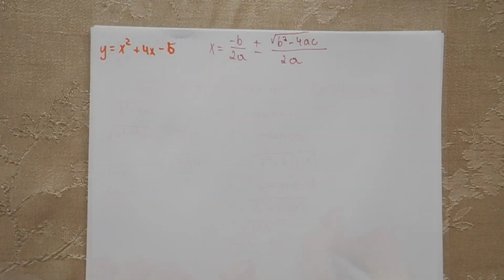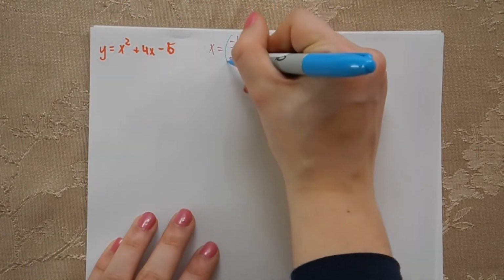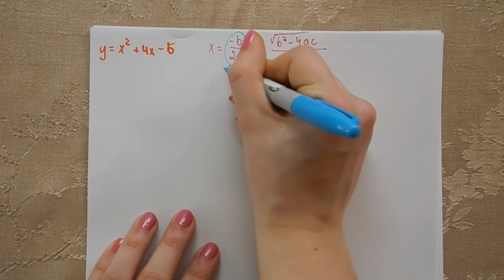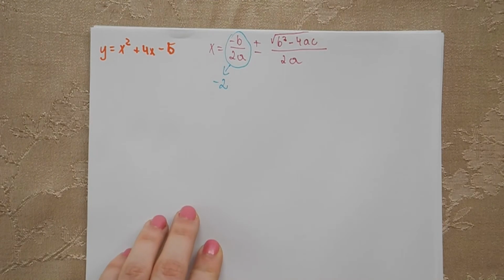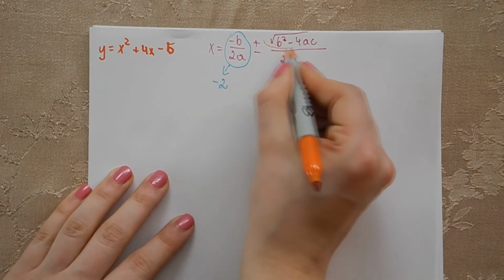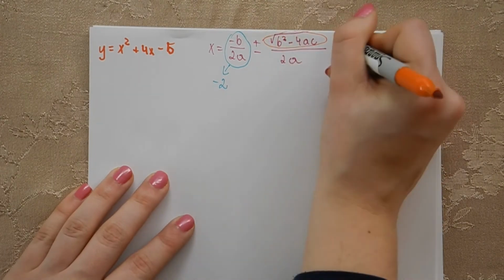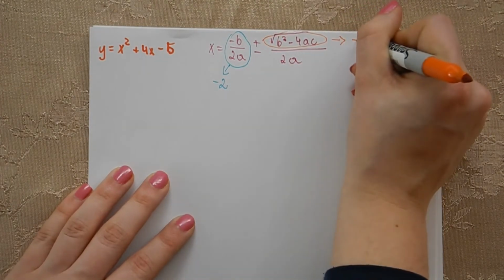Now, we calculated before that the first part of the equation was equal to negative 2, and that the radical part equals 6.